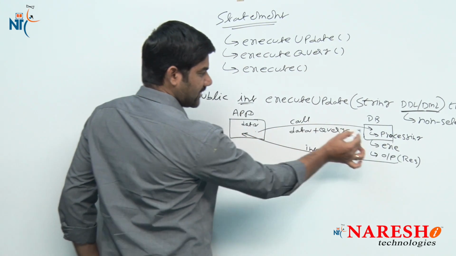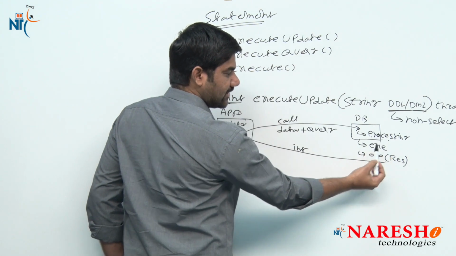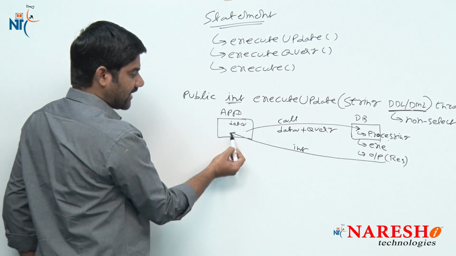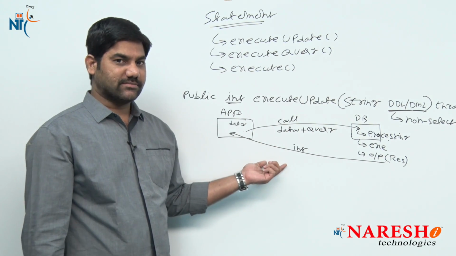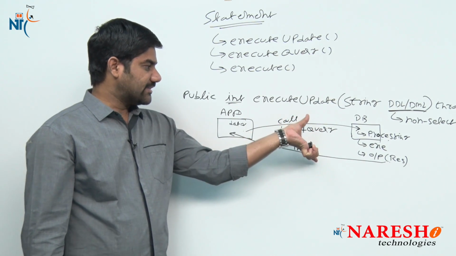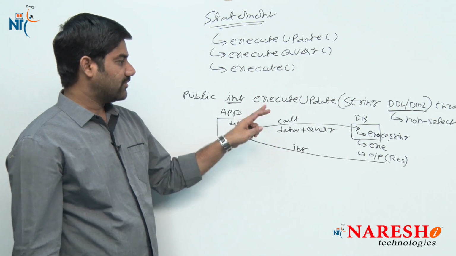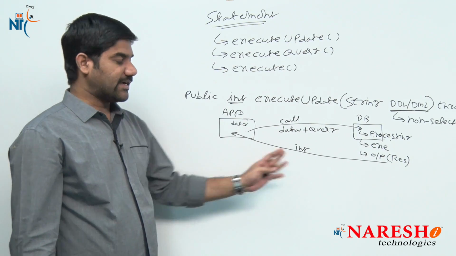So we supply the query to the database; the database receives your query, processes it, and produces some result. The resultant value is sent back to your Java application. This is the communication operation. If you want to perform this communication operation, you should implement a proper statement by using executeUpdate. So what is the statement, sir?